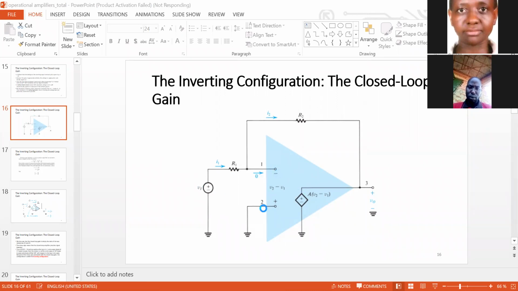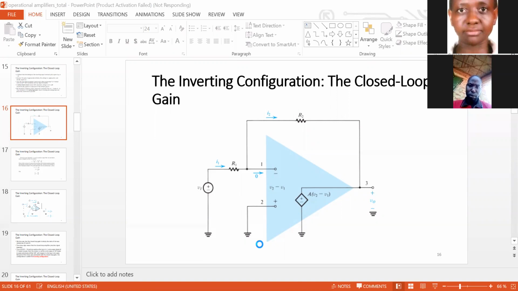Then we also note that the non-inverting input terminal is connected to signal ground, or if you want, you can refer to it as the earth.